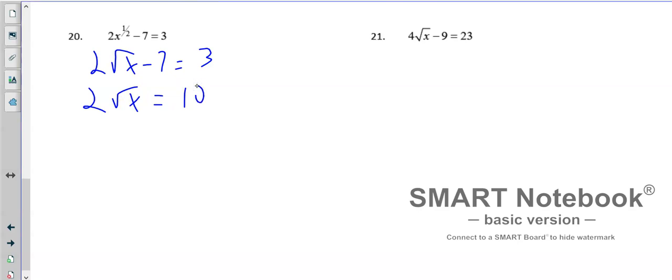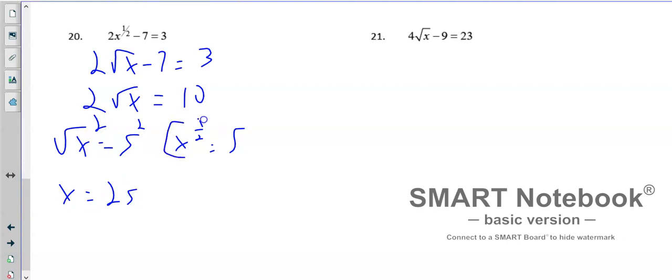Divide by 2. So that's going to be square root of x equals 5, or x to the 1/2 equals 5. Doesn't matter how you write it. Then I squared both sides and get x equals 25. Or in this case, I would square both sides this way. Same answer. Plug that back in. Okay. So that's going to be 5 times 2 is 10, minus 7 is 3.